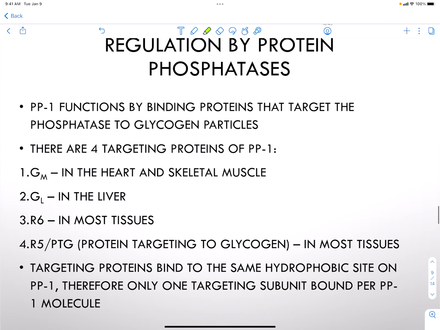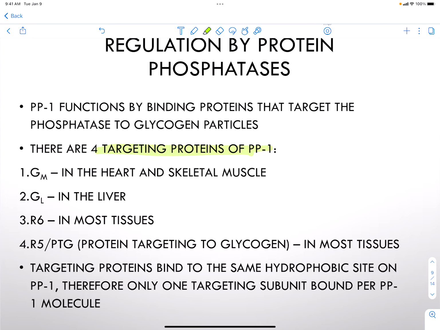Protein phosphatases are going to bind proteins that target phosphatase to the glycogen particles, and there are 4 different proteins that are targeted by protein phosphatases. You have G, which stands for glycogen, M in the heart and skeletal muscle, GL in the liver.